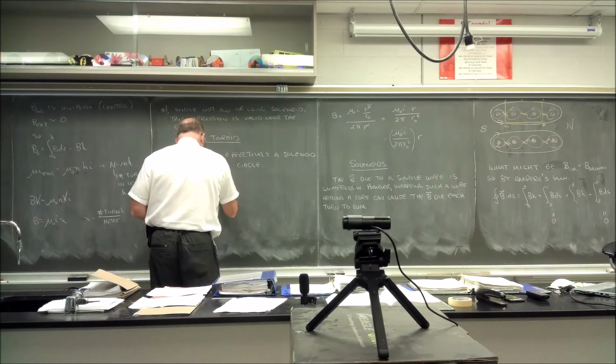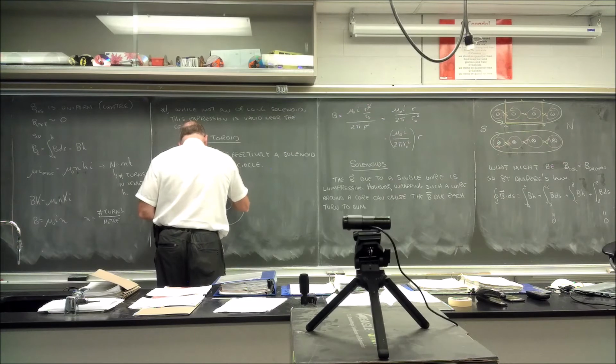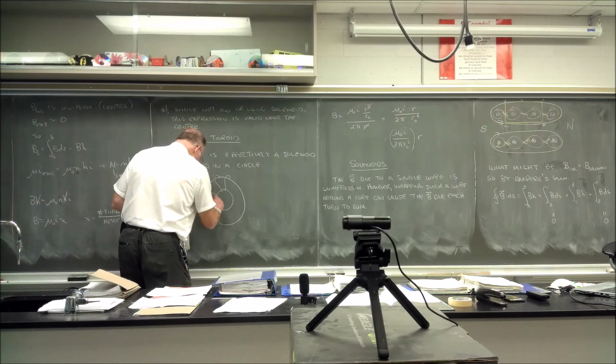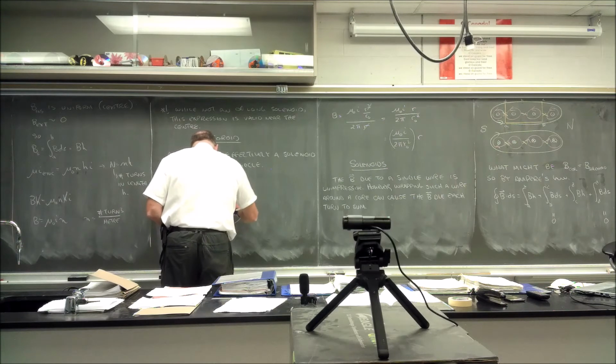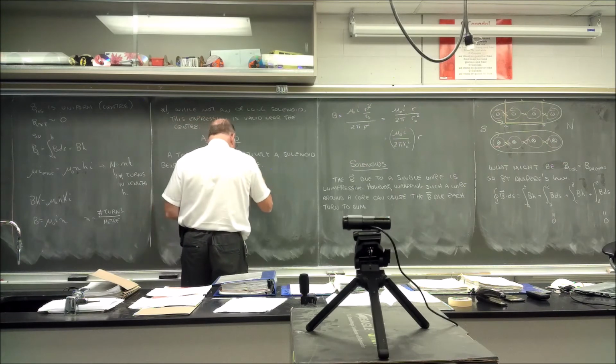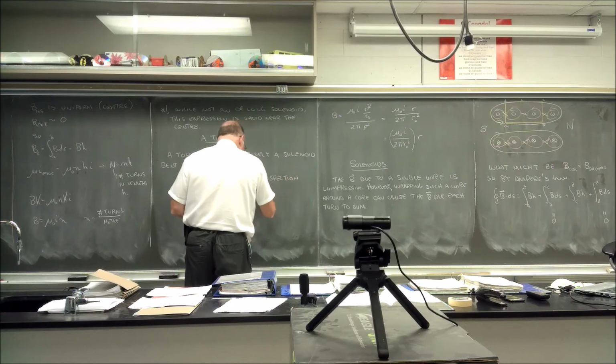And so we'll just draw one here. By inspection, the number density outside is less than the number density inside.